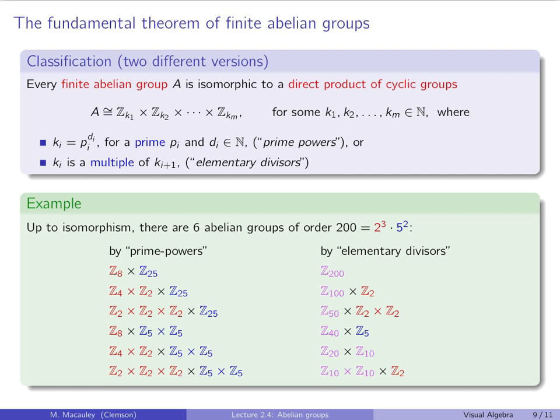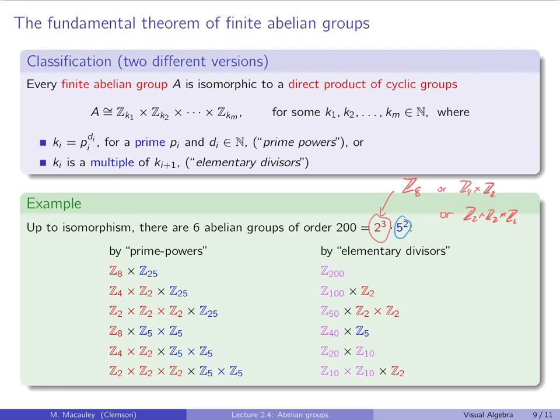Groups of order 8: there is either Z8, or Z4 cross Z2, or Z2 cross Z2 cross Z2. That's all we have.